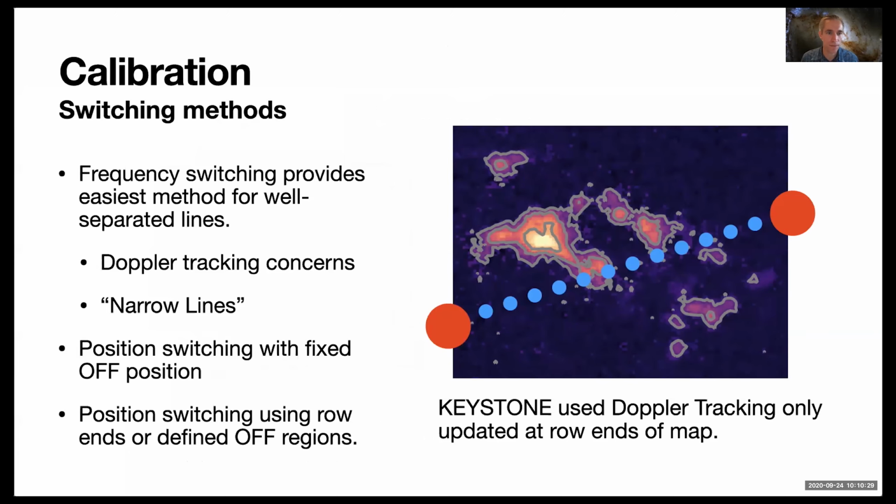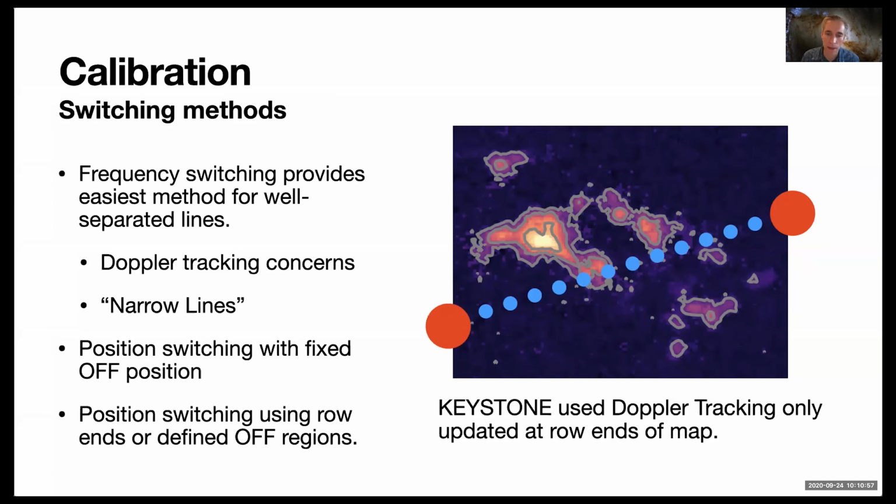But this frequency switching does actually have some Doppler tracking concerns. So we'd have to think about how to Doppler track effectively as we're mapping at these high dump rates across the sky, or we could adopt the strategy that we use in Keystone, where we only take a finite number of Doppler tracking scans, in Keystone's case, at the row ends, and then we turned off our Doppler tracking and just interpolated across the samples.